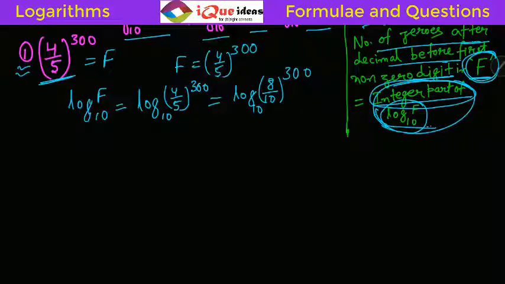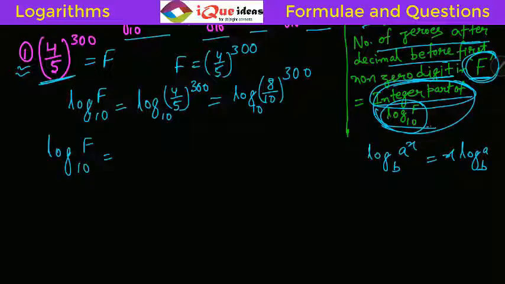Alright. So now we have two rules here. One rule is log of a to the power x to the base b: the power x comes out, so it is x times log of a to the base b. So from there, log of f to the base 10 will be equal to this power 300 coming out, and inside we will have log of 8/10 to the base 10.